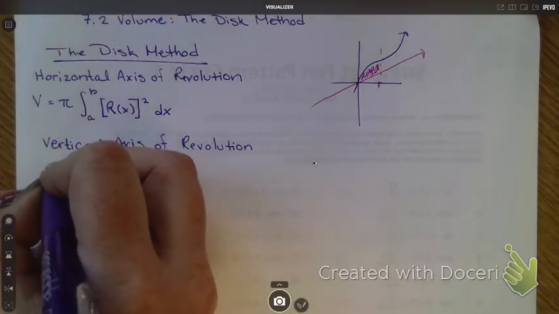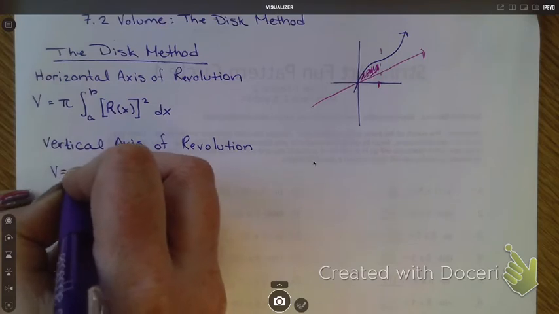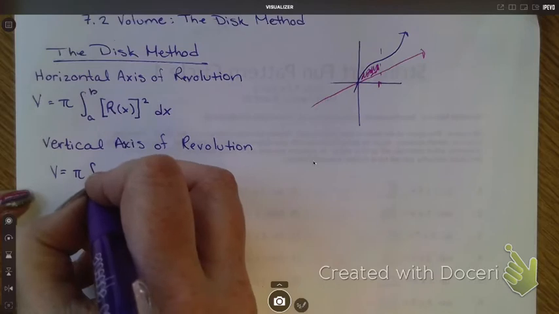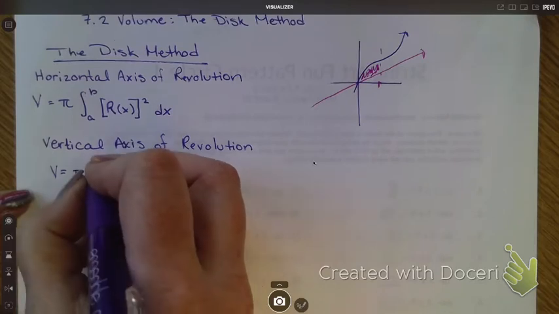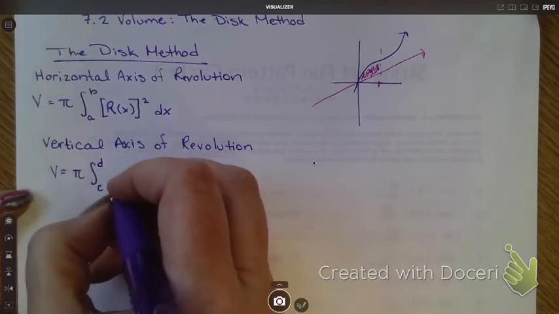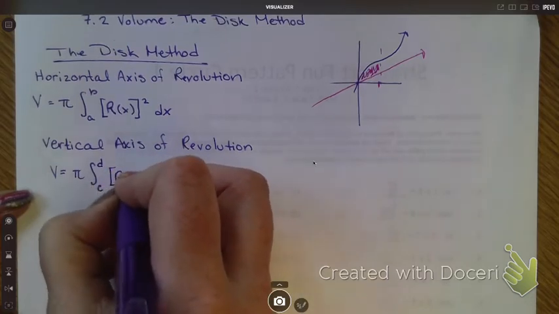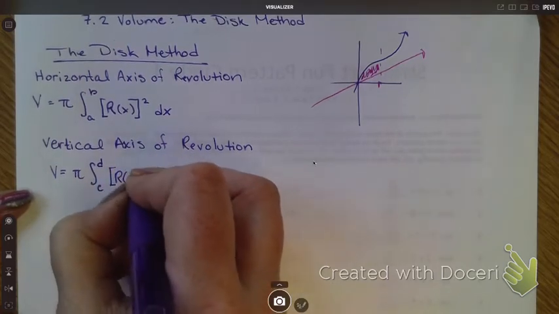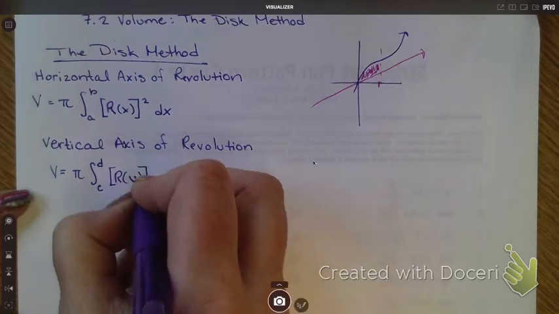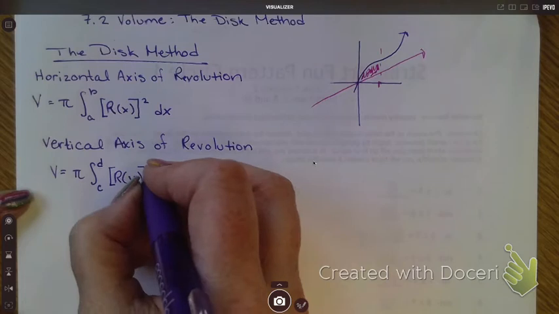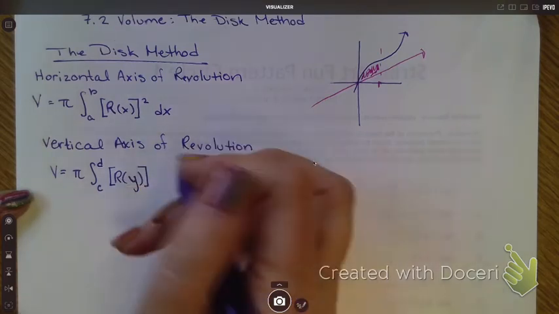V equals pi, integral from C to D, and I'll give you a picture on both of these. I think that might be helpful, huh? Of R of Y, not X. Why is it Y this time? Because it's on the vertical axis. Squared dy.